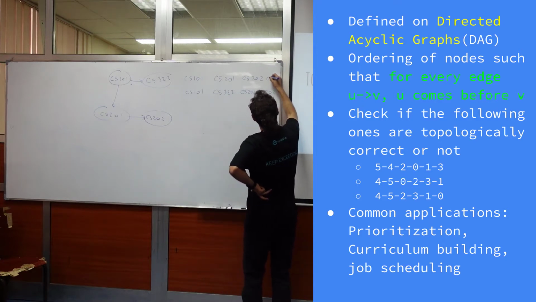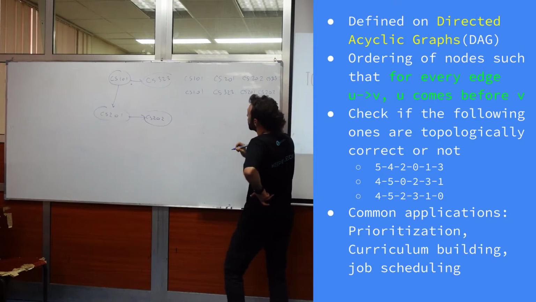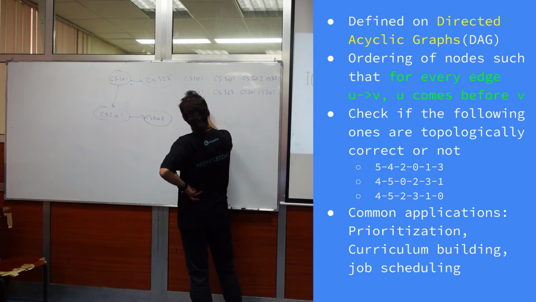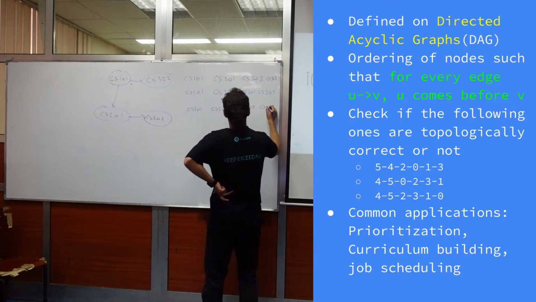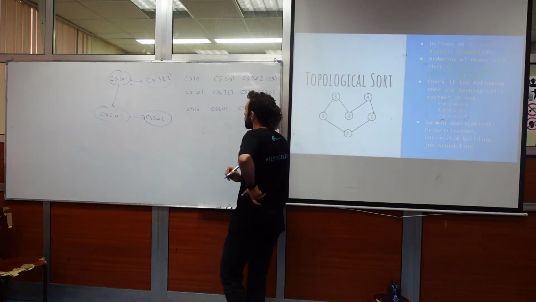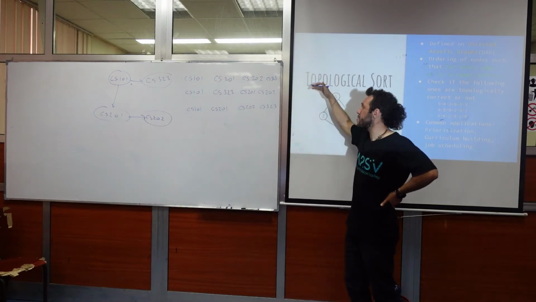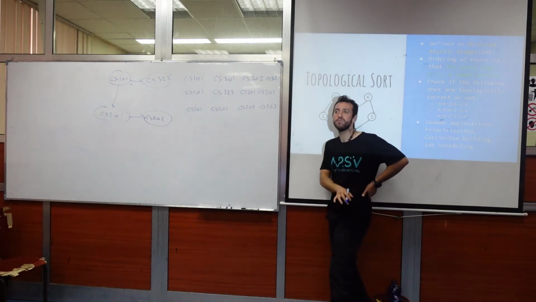And then CS101, CS201, CS202, and CS323. Now we are going to evaluate each of these orders whether they are topological or not.